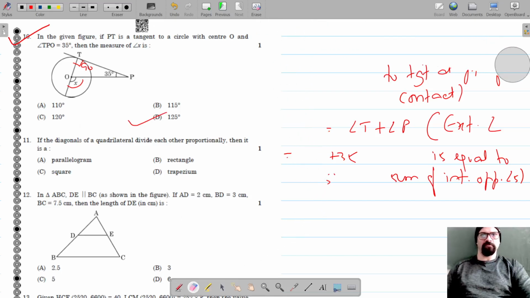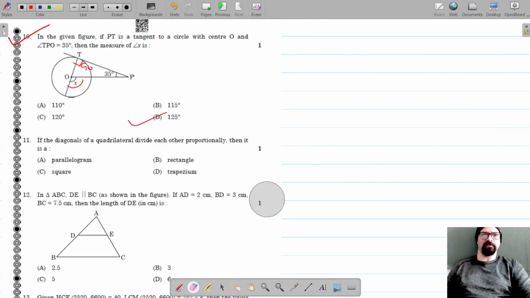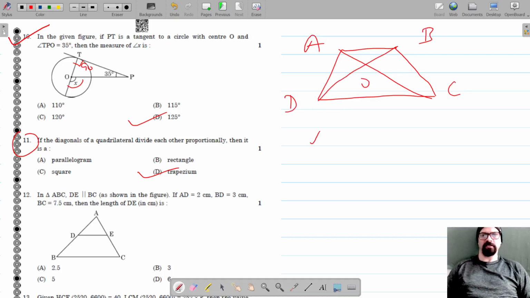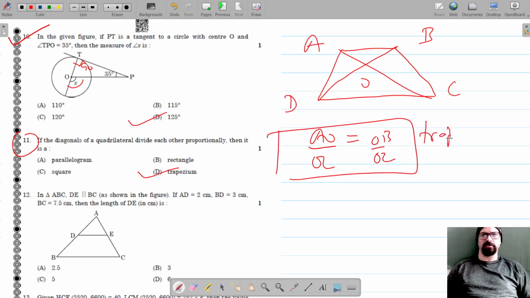And moving on to question number 11, it says that if the diagonals of a quadrilateral divide each other proportionally, then what type of quadrilateral is it, and the answer is trapezium. Let's say this is a quadrilateral ABCD, and it's given that AO upon OC is equal to OB upon OD, and we have to prove this is a trapezium.